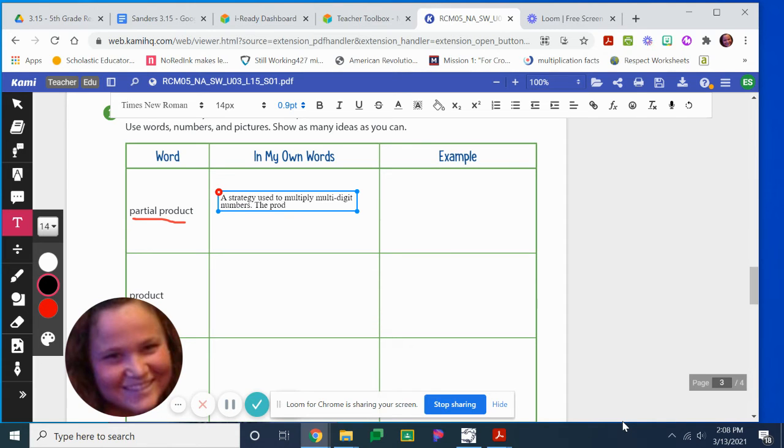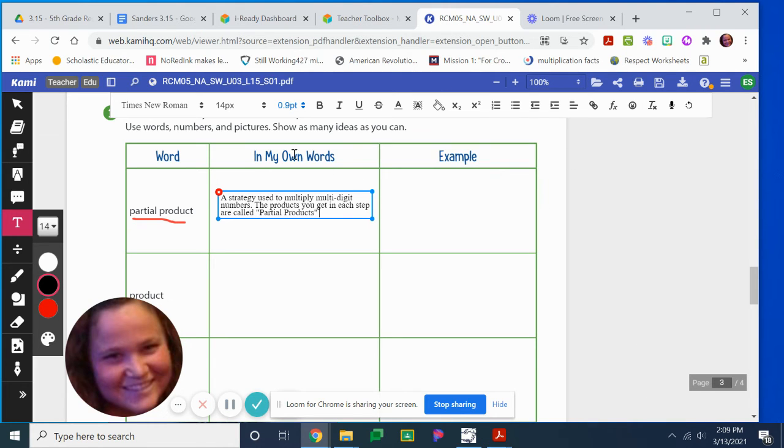The products you get in each step are called partial products. Now, if you need some time to write that down, go ahead and pause your video.